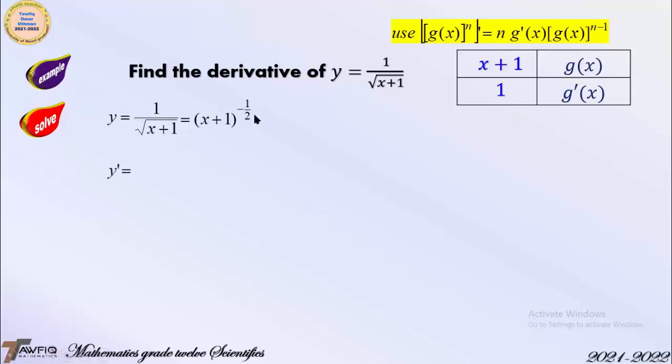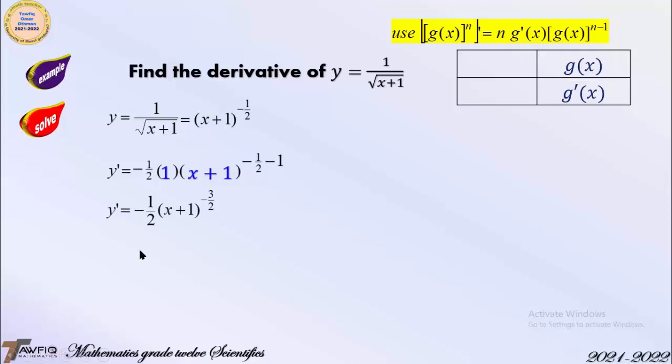First of all, write the power, which is minus 1 over 2. Then write the derivative of inside the bracket, which is 1. Then write the bracket without changing it and the power minus 1.